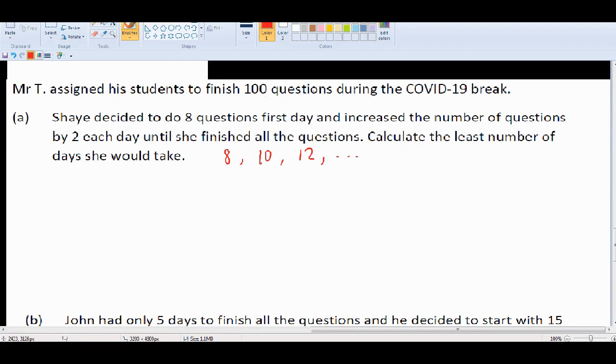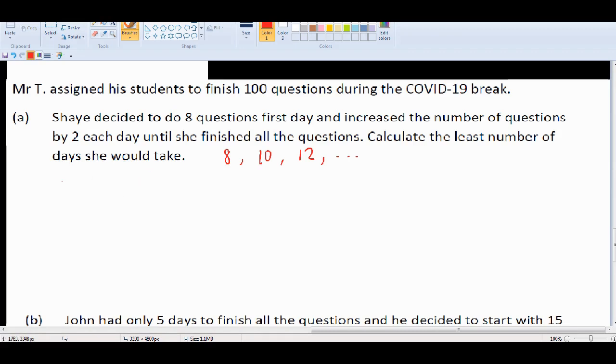Okay, let's try to do it. Of course, you can add all the numbers up until you exceed the 100. That's okay, but I just want to use the method we just learned.